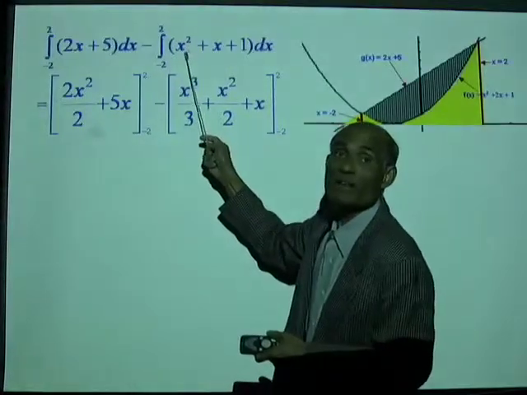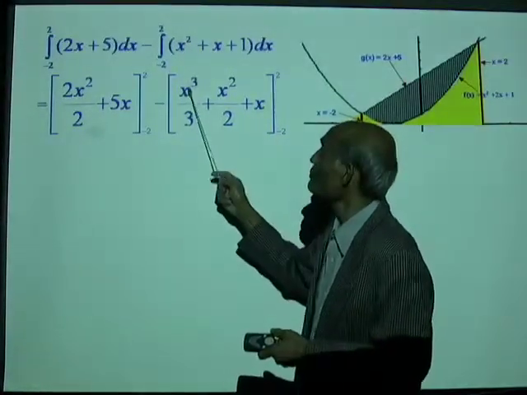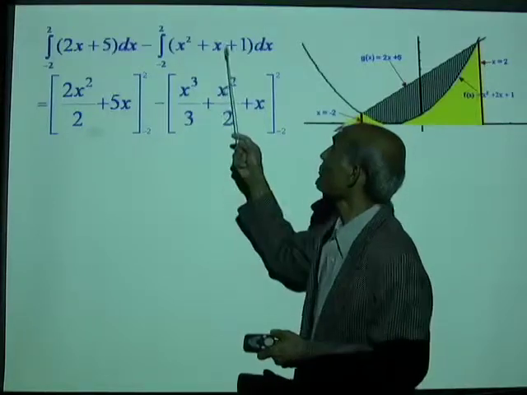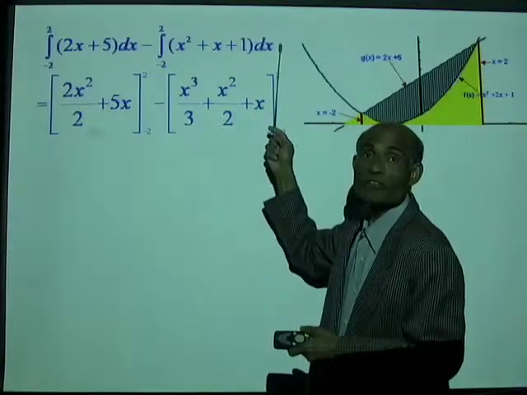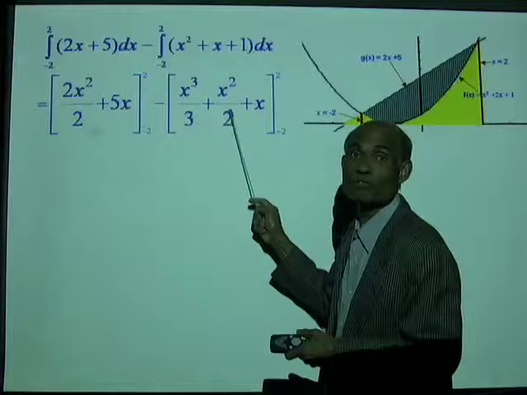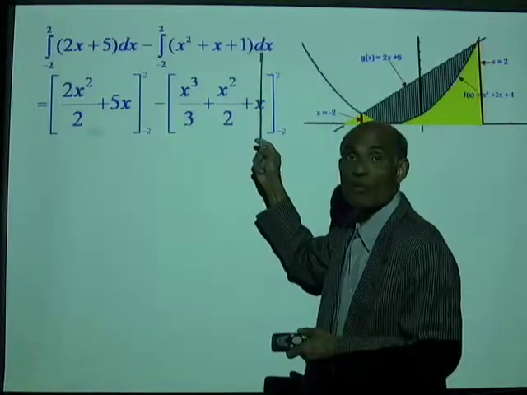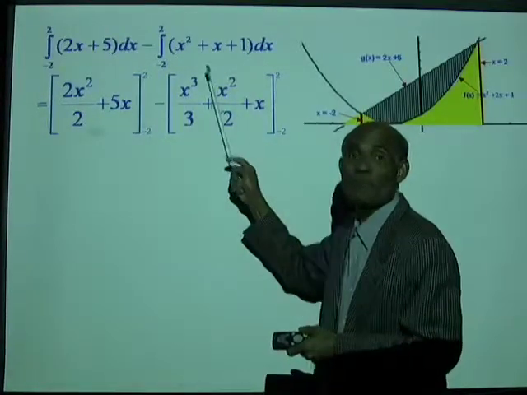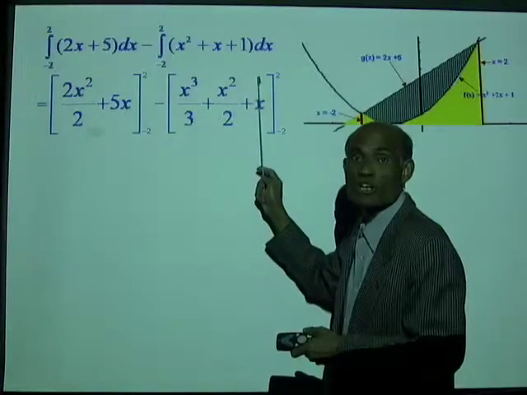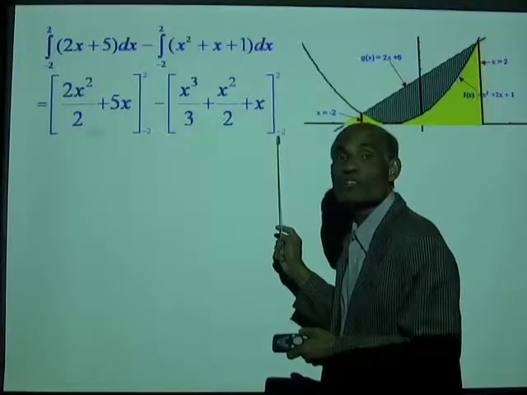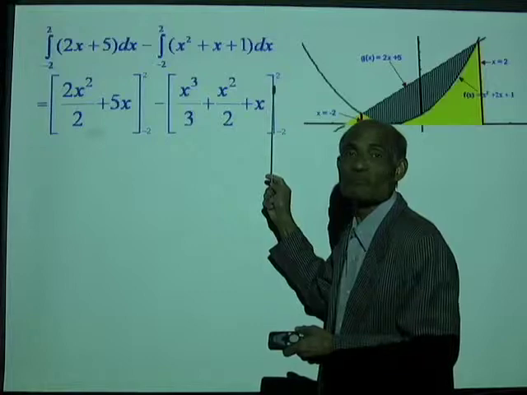The integral of x squared dx is x cubed over 3, plus the integral of x dx is x squared over 2, plus the integral of 1 dx is x. And this quantity is within the limits -2 to 2.